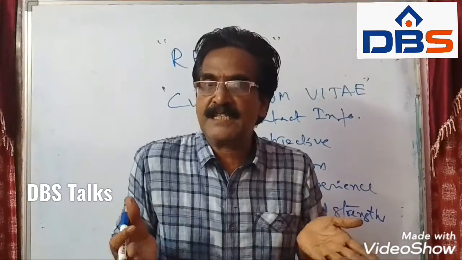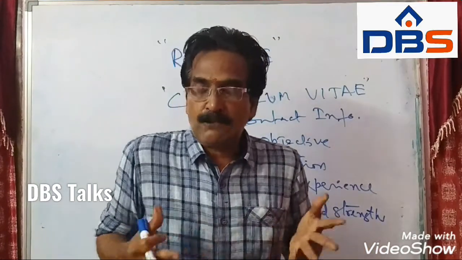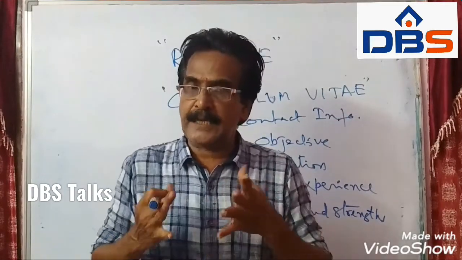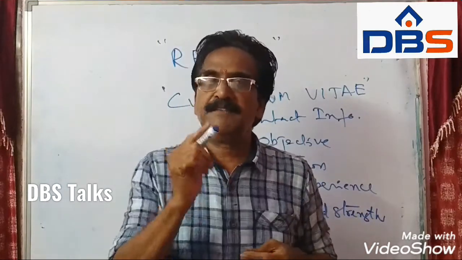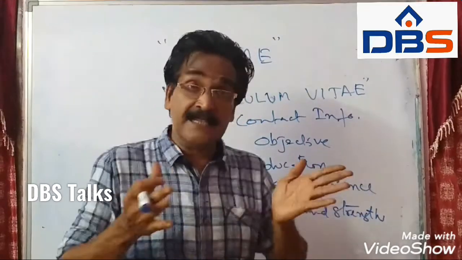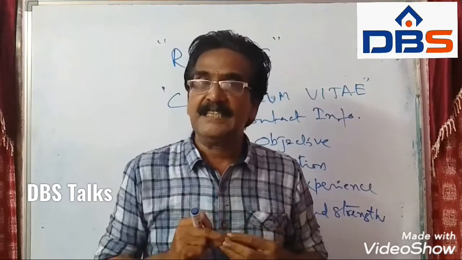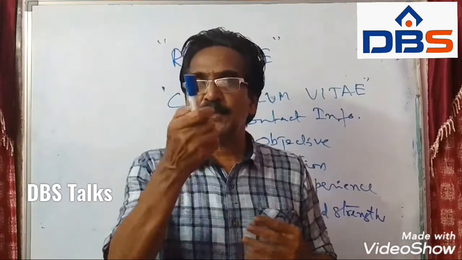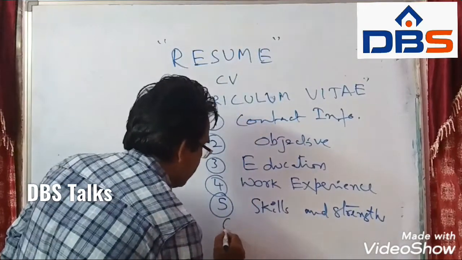You are confident of having high skill in a particular area, and you have strength in it, so you can do well in that area. Every applicant, every student will have certain strengths and skills which are relevant to the job you are applying for. Those things you can mention here in the skills and strengths column.